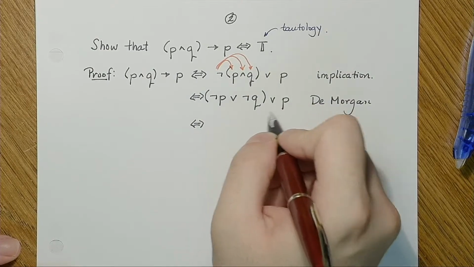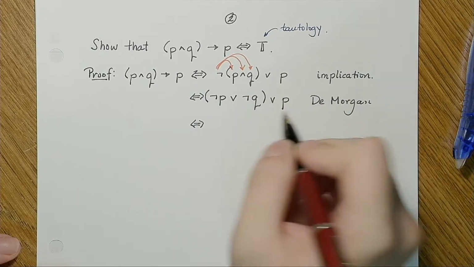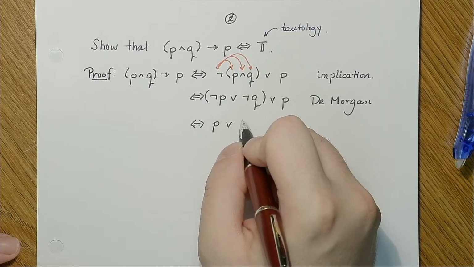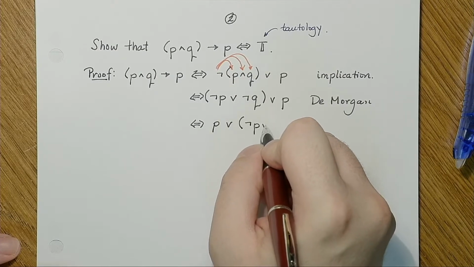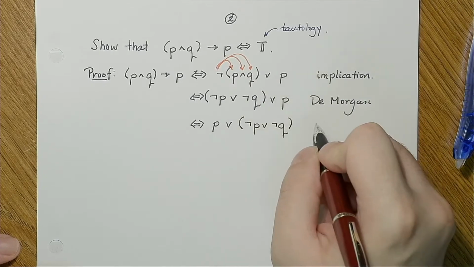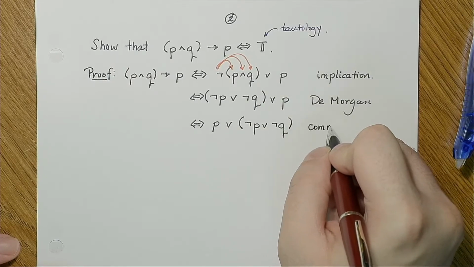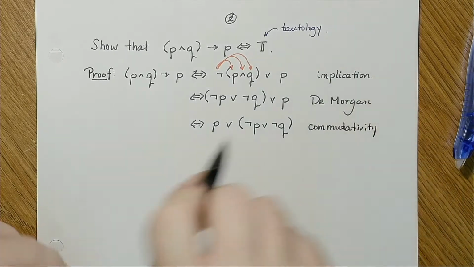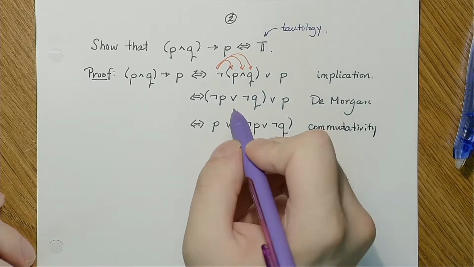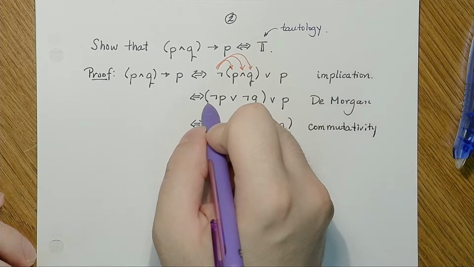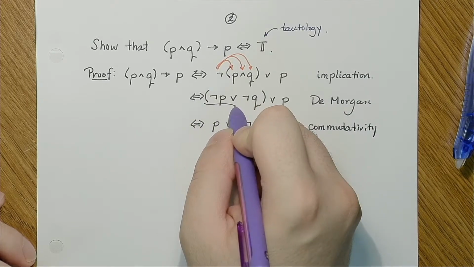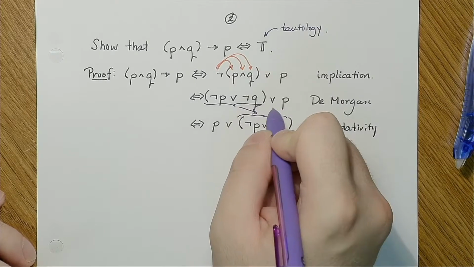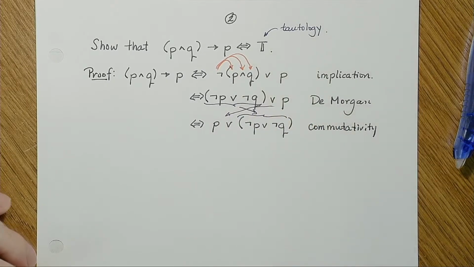So the first proposition or the second is equivalent to the second or the first. So I can switch that. So I write P or not P or not Q. So this is the commutativity rule. So I can switch that, and I can switch this.